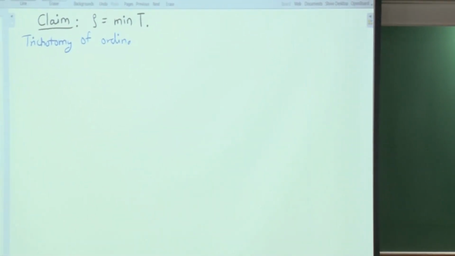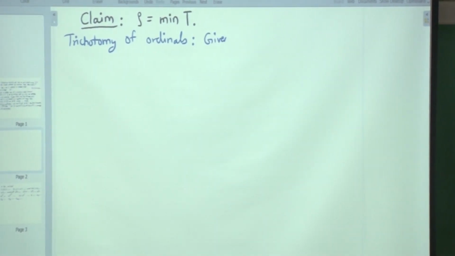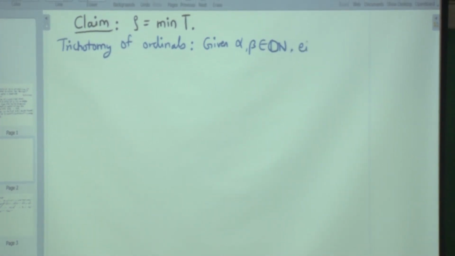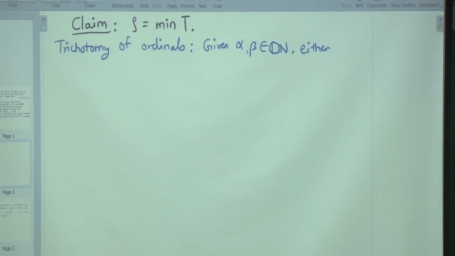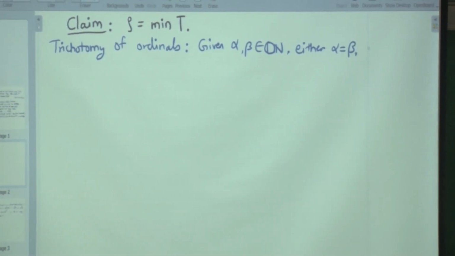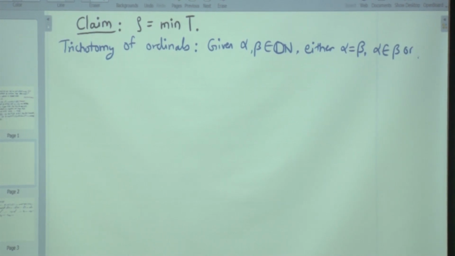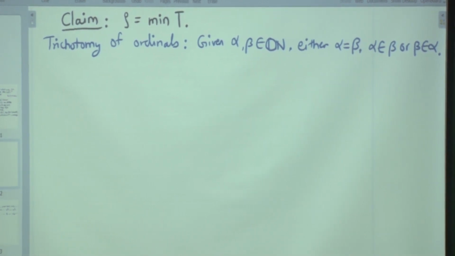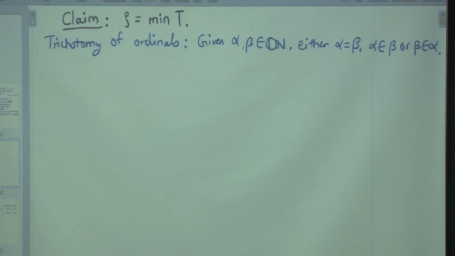So trichotomy of ordinals: given alpha and beta in On, either alpha is equal to beta, alpha belongs to beta, or beta belongs to alpha. Right, so this is the same as our usual trichotomy. The only thing that I have changed is that I have replaced less than by the membership relation. Okay, so this is what we need to use.